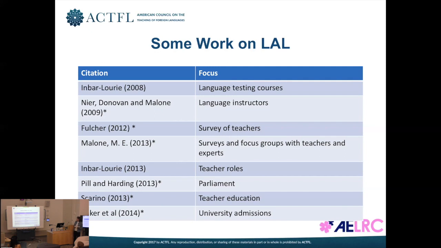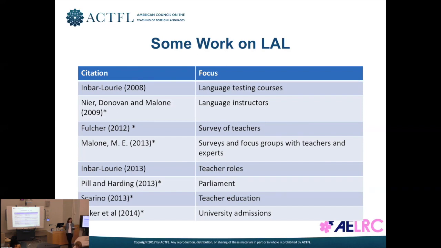Then my friend Ofra Inbar-Lourie looked at teacher roles. And then some colleagues in Australia and England looked at parliament, looked at politics and language assessment. This is particularly important when you think about things like immigration and citizenship testing, right? What do you know about language testing?